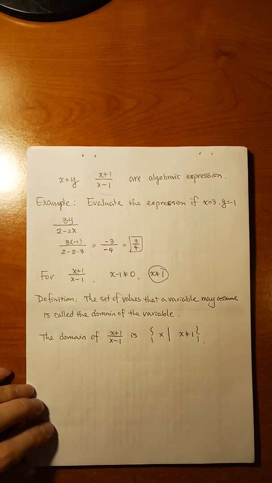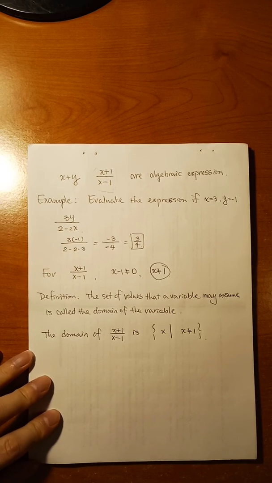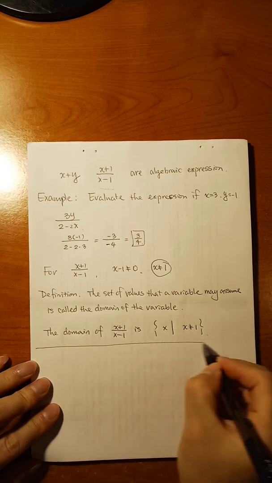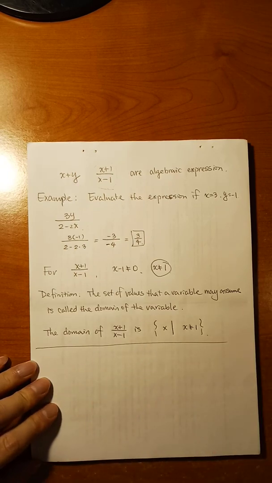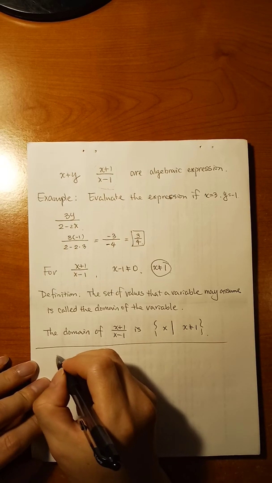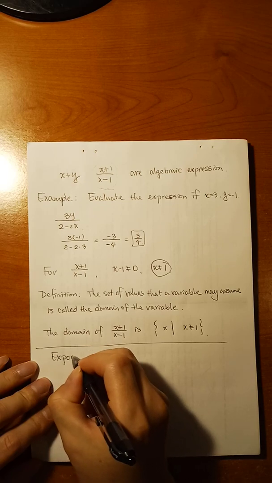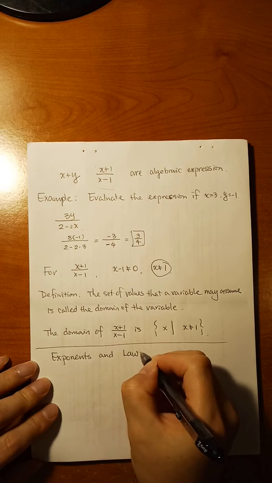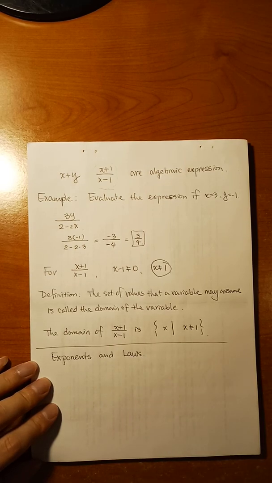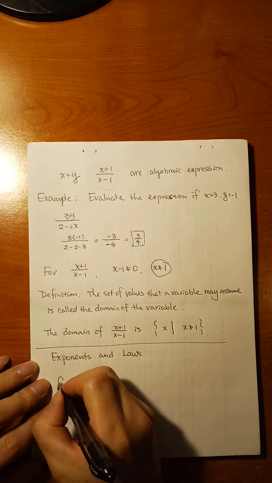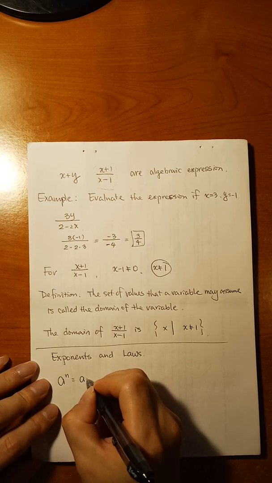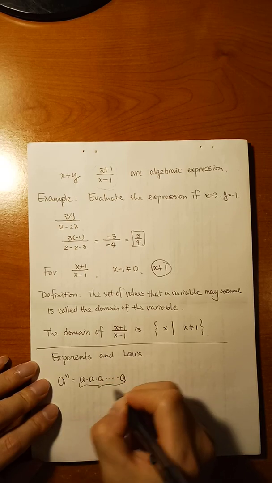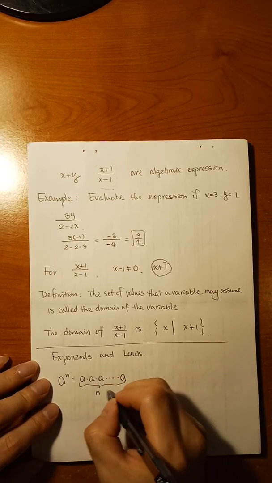Okay. Then another part in section 2, algebra essentials, is the power or exponent law, the law of exponents. Remember, a to n is a times a times a, n copies, n factors.